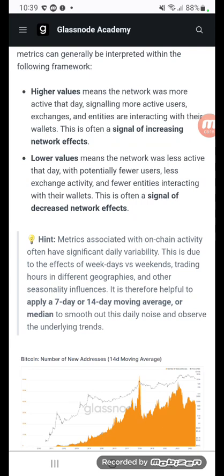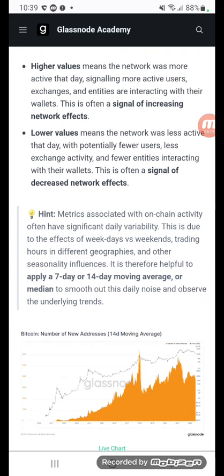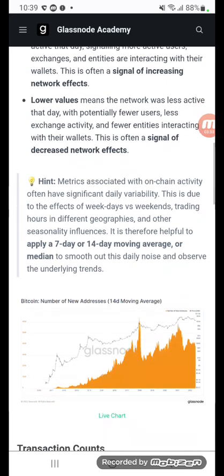A higher value means the network had more activity last day, signaling more active users, exchanges, and entities interacting with their wallets. This is often a signal of increasing network effects.